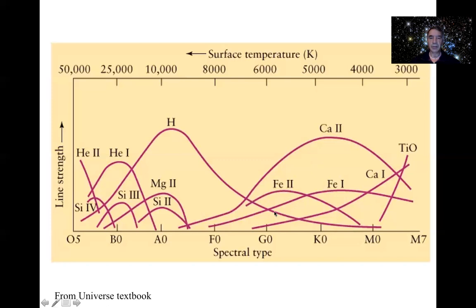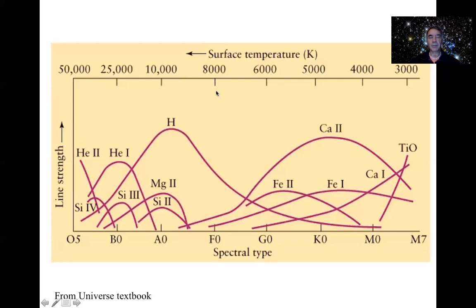So it increases initially with temperature due to excitation, but then it starts to decrease rapidly because of ionization. And that's why the Balmer series of lines in the spectra of stars will peak around a temperature of 10,000 Kelvin.